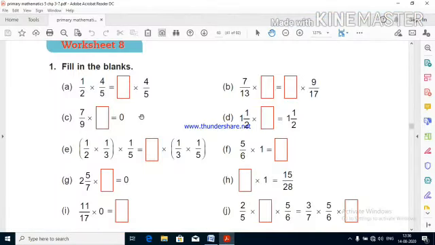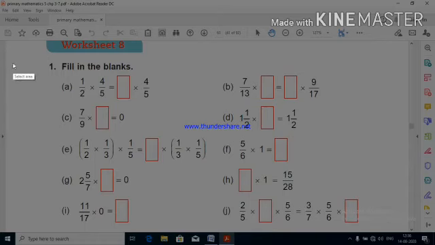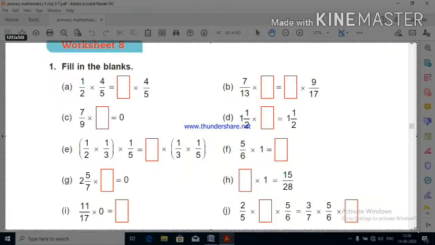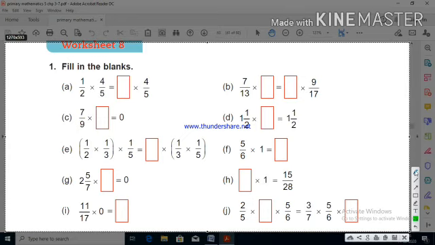Now come to worksheet 8. This is also very easy. In this case 1 by 2 into 4 by 5 is equal to 4 by 5.